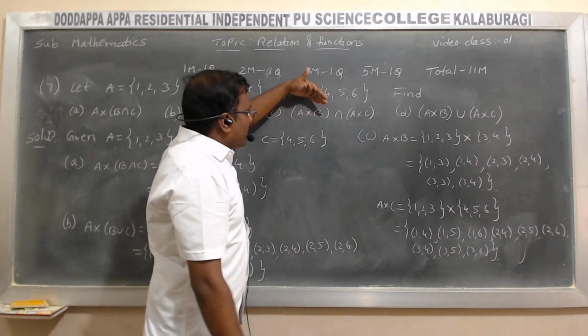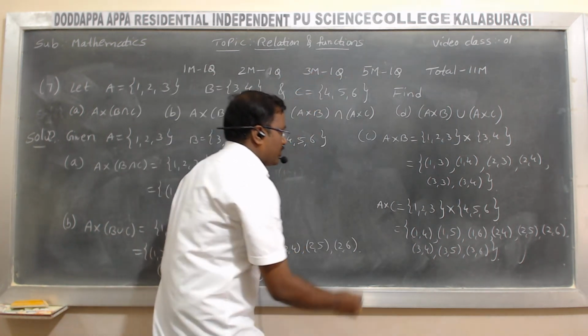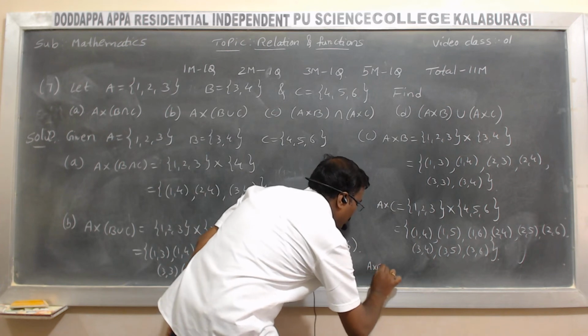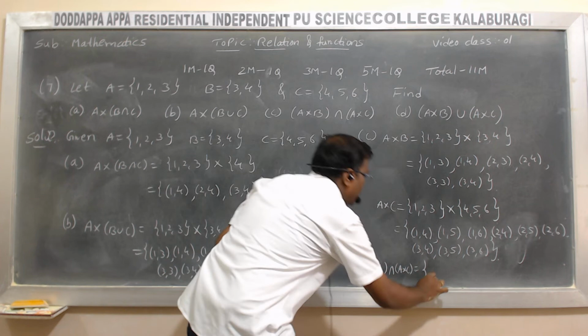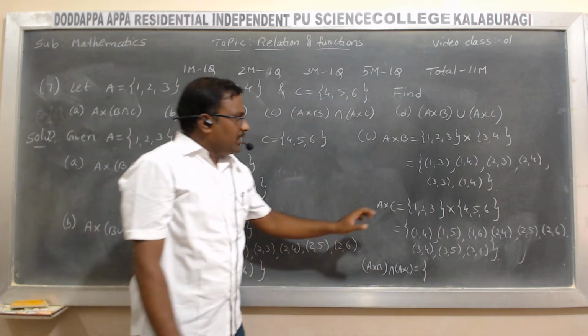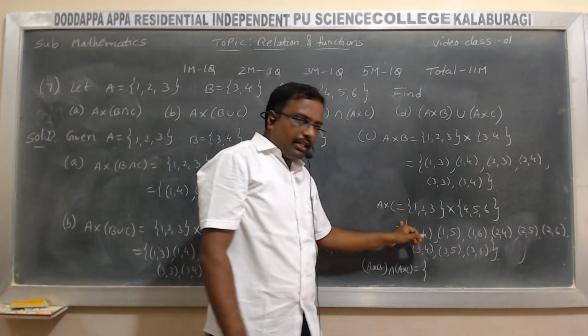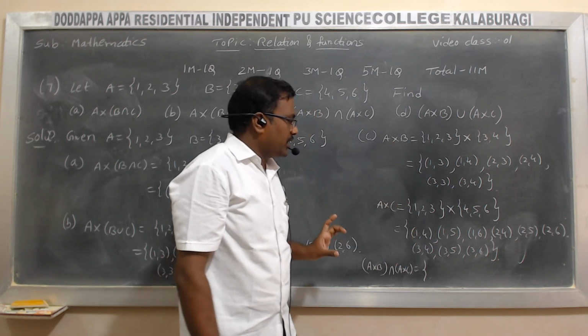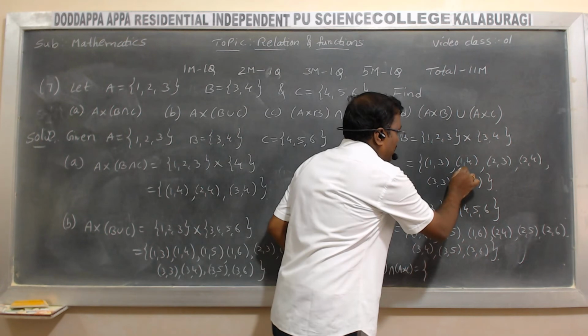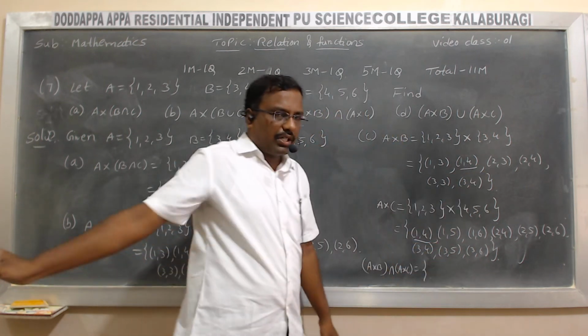Now you can find the intersection of these two, that is (A cross B) intersection (A cross C). You have already found the values of A cross B and A cross C. In these two, you take the common values. See here, which one is common? (1, 4) and (1, 4).